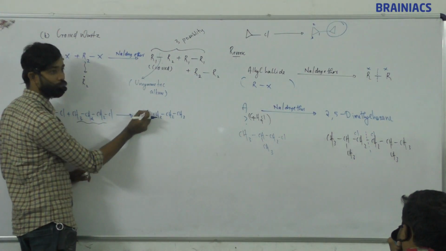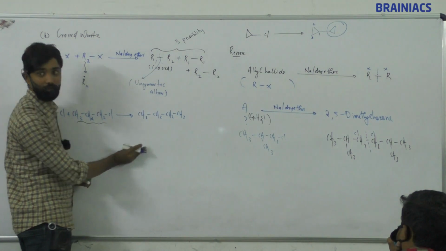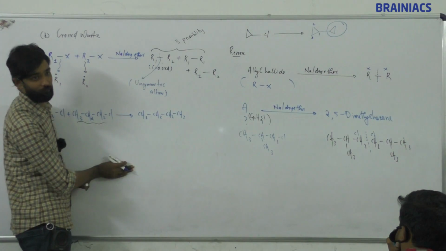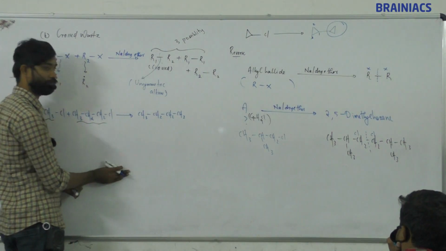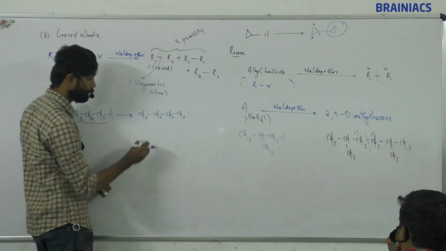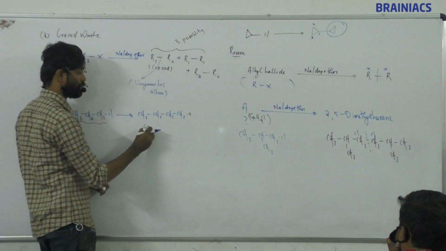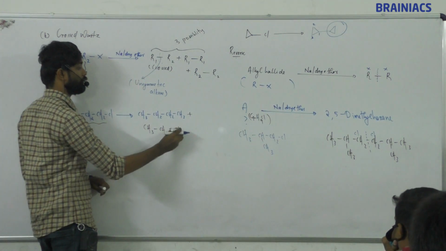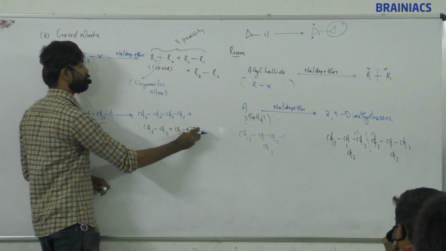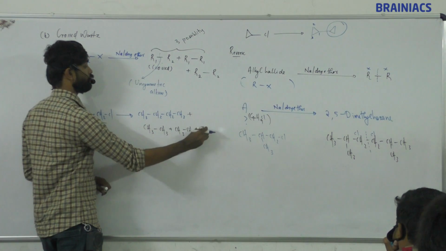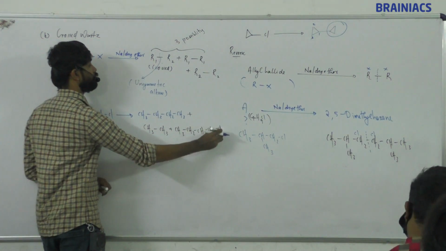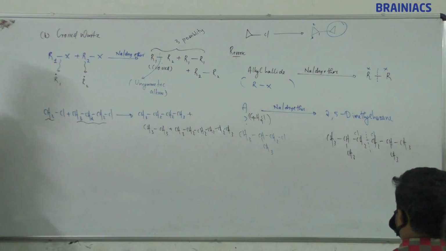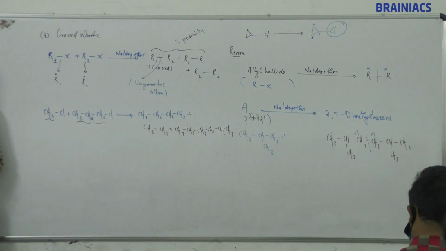But the bond formed is here. Agreed. So with respect to this bond, it will be unsymmetric, but the molecule is symmetric. So keep it in mind. Plus the next is CH3CH3, and the next is CH3CH2CH2CH2CH3. Ready? Okay, show that.